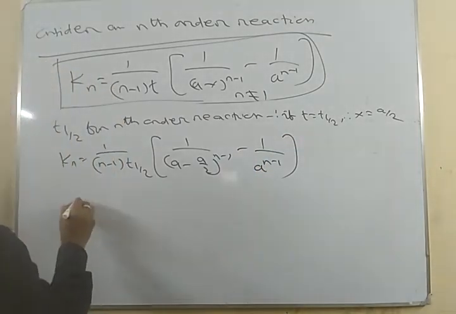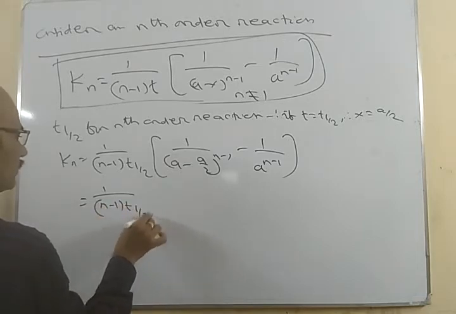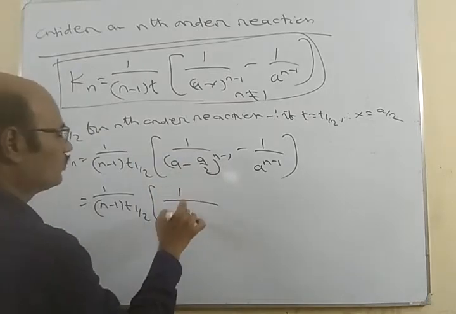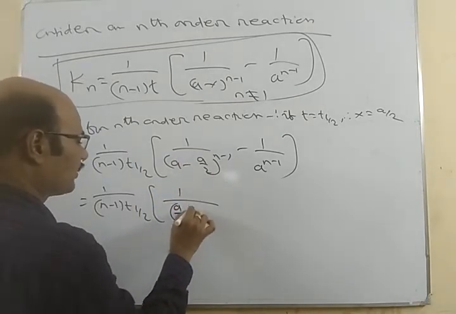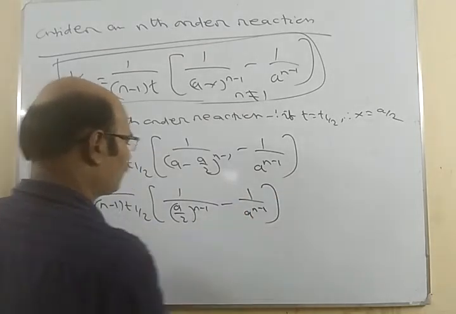When t equals t half, x equals a half. So we can write it equal to 1 by n minus 1 t half into 1 by a by 2 power n minus 1 minus 1 by a power n minus 1.